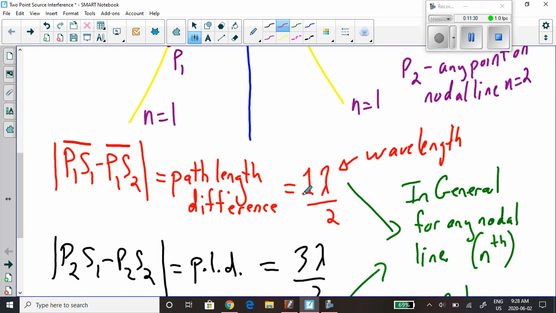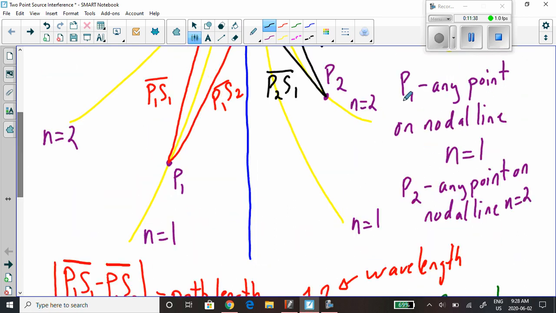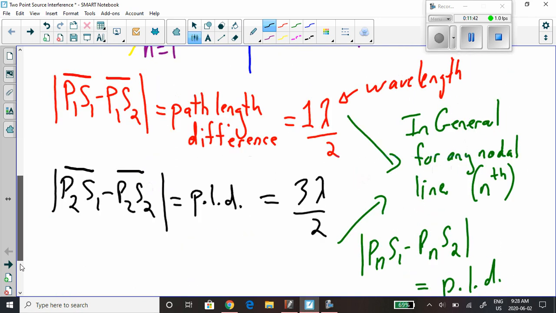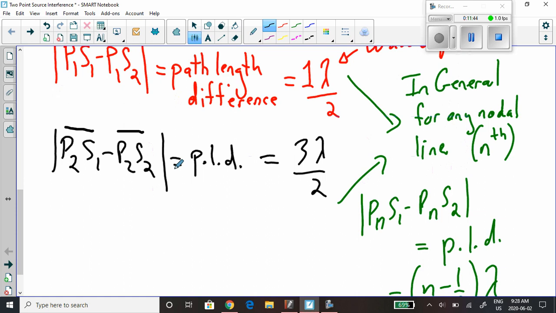Now, if we take a look at the path length difference on the second nodal line, so it's a little bit further away, the difference in their lengths increases.